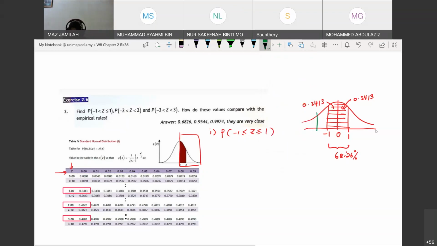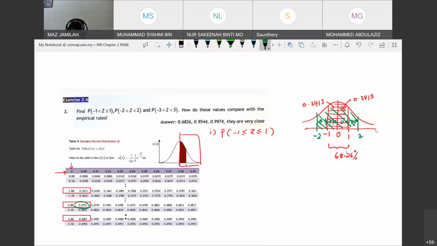If you are talking about -2 and 2, this will be the area. We look for 2.00, and you will get 0.4772. Half of the area here is 0.4772, and the other half is also 0.4772.